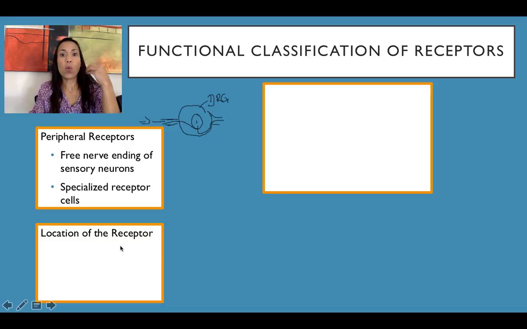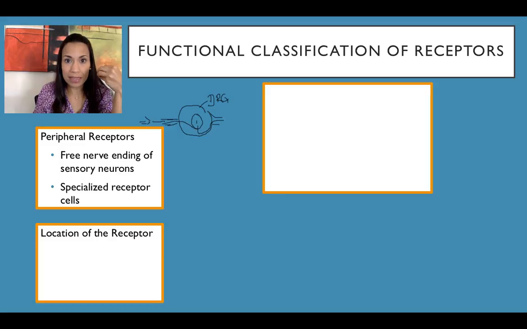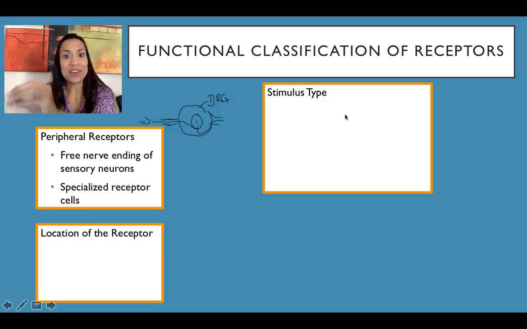Now, depending on which part of the body we are going to find that receptor, we can classify it by the location of the receptor. And then we have another classification of receptors depending on the stimulus type that they detect or sense.